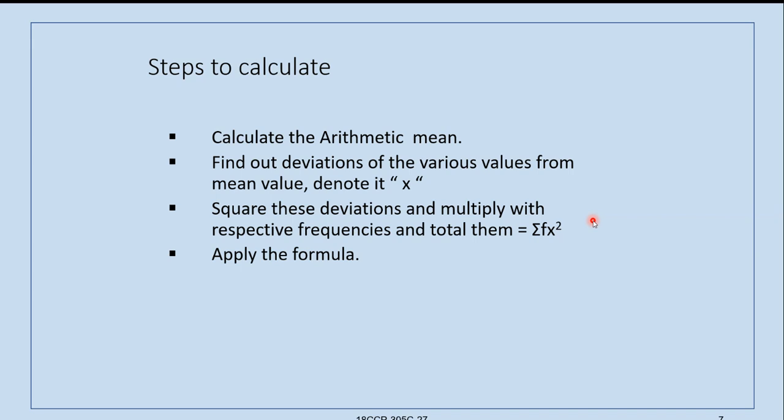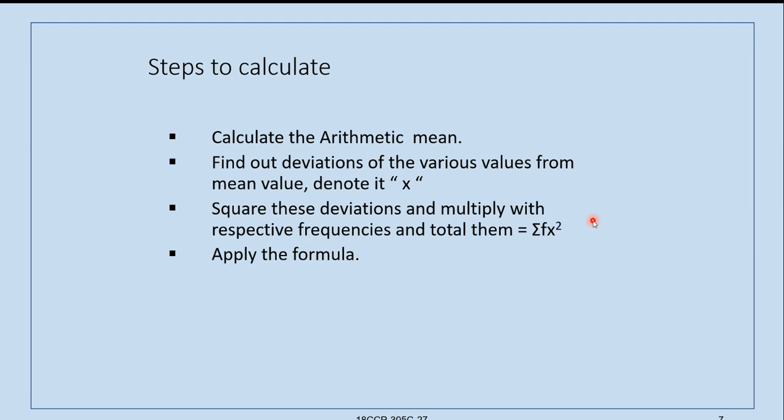Now small x is equal to x minus x bar, where x bar is the mean calculated, x is the values of discrete series. And in the next column, we will square all these things. That is fourth column. And then we will apply the formula.